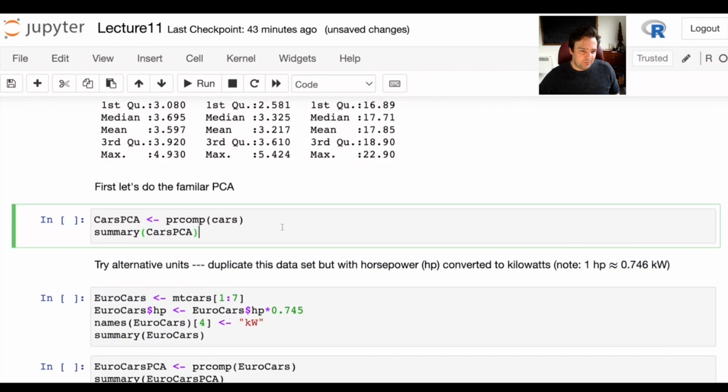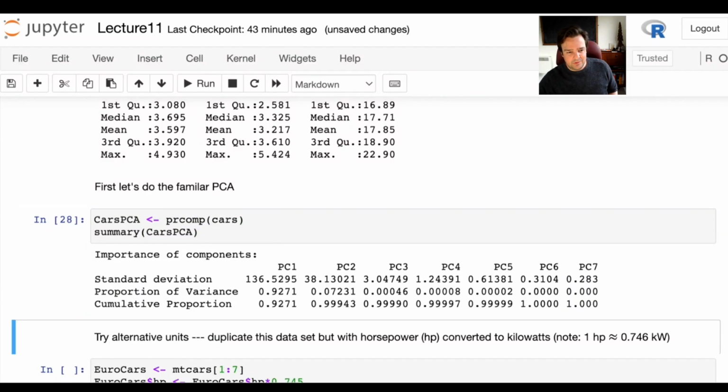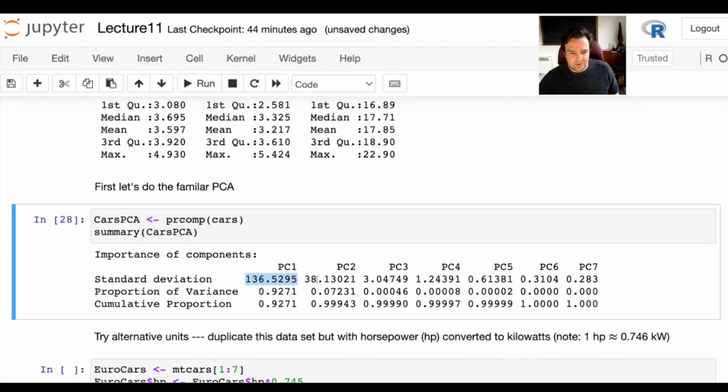Okay, so first let's just do a regular principal component analysis. I'm using the prcomp routine, as I will basically from now on. We'll do a quick summary on it to see what we get. Here are the standard deviations. I don't think I printed the matrix of loadings, or the rotation, whatever you want to call it.